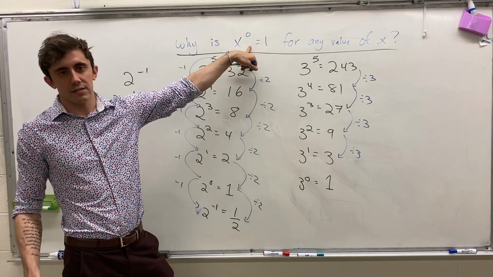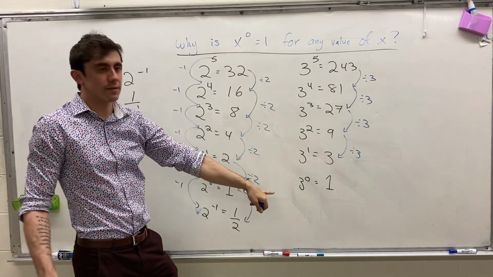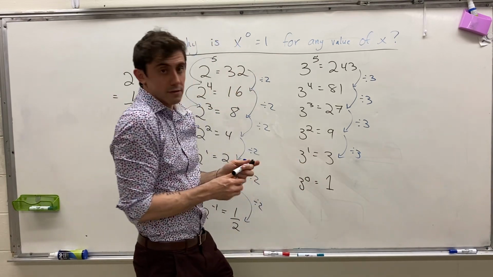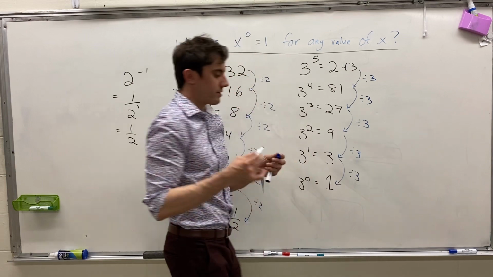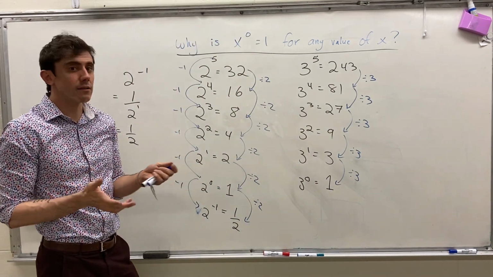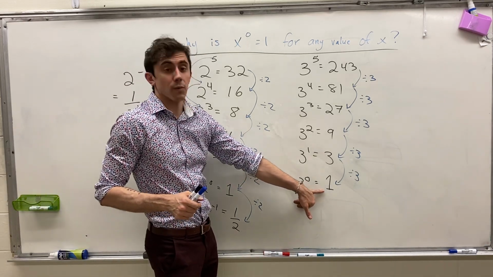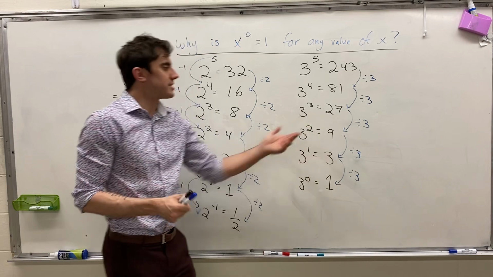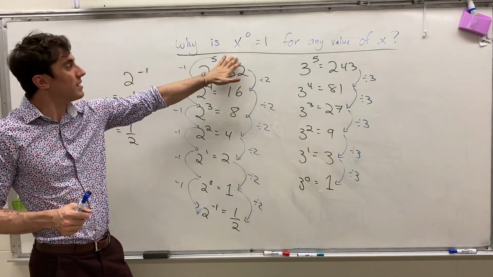So we get a second example of when a base x to the power of 0 is equal to 1, because our pattern should continue if our pattern is well constructed. And it turns out that this is true for all values of x, even 0 to the power of 0 is equal to 1.